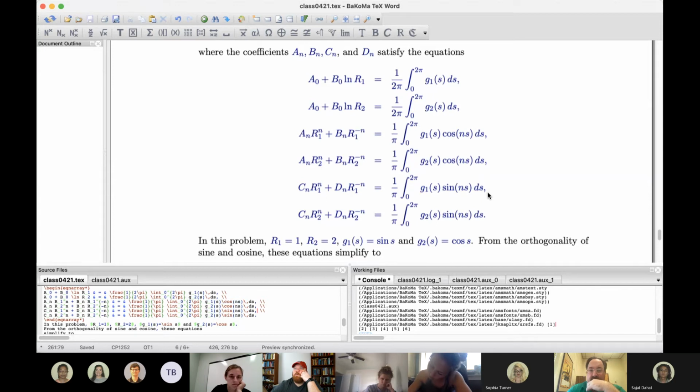This will be non-zero only when n is equal to 1. And because the coefficient of sine here is just 1, the value of this integral will be 1. Similar for G_2 being cosine. So this will only be non-zero when n is 1. This will always be 0.